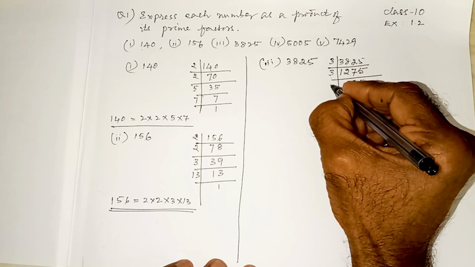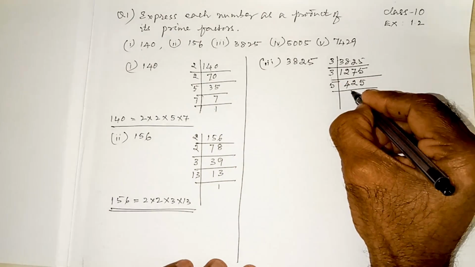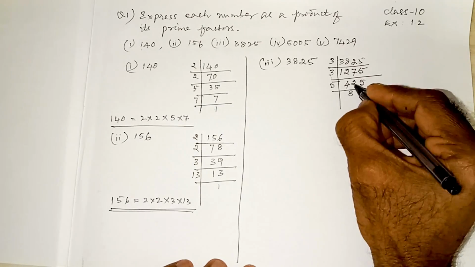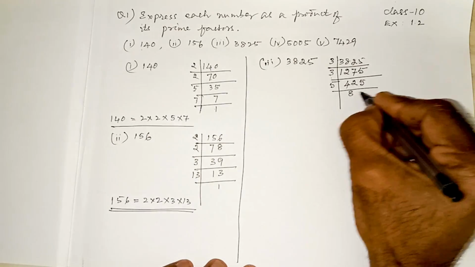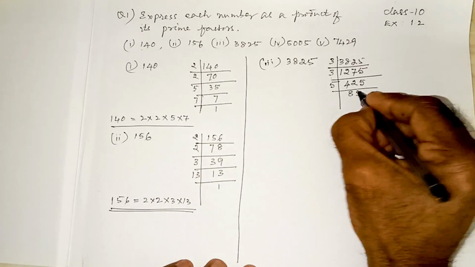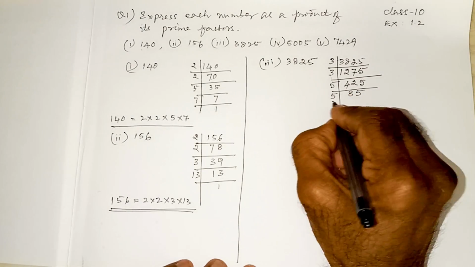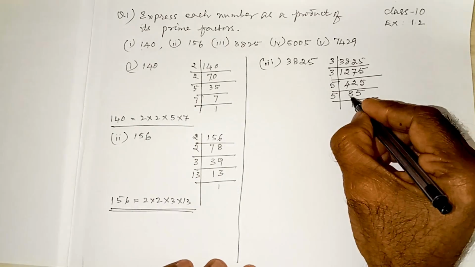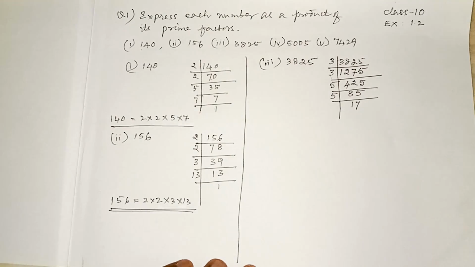You have to try with 5. 5 into 8 is 40. You have 2 more here. 5 into 5 is 25. Again try with 5. 5 into 1 is 5. 5 into 7 is 35. You have come to the end.